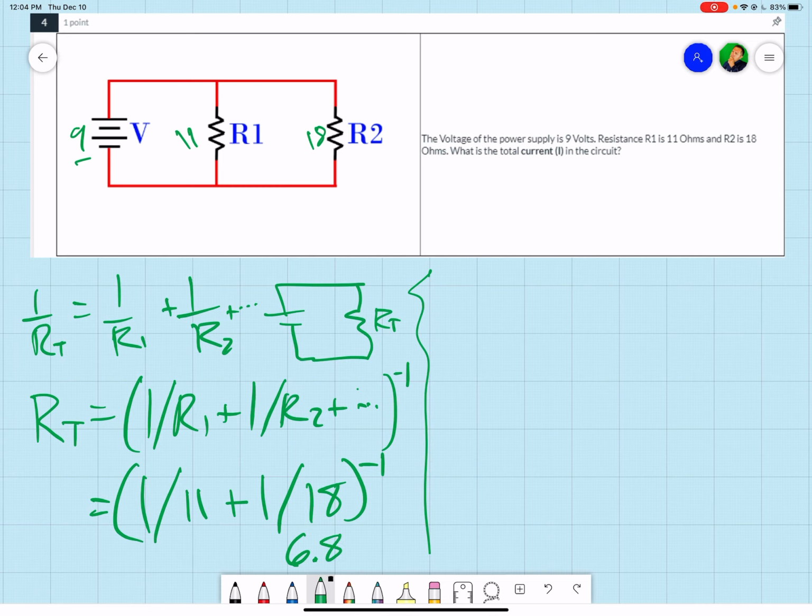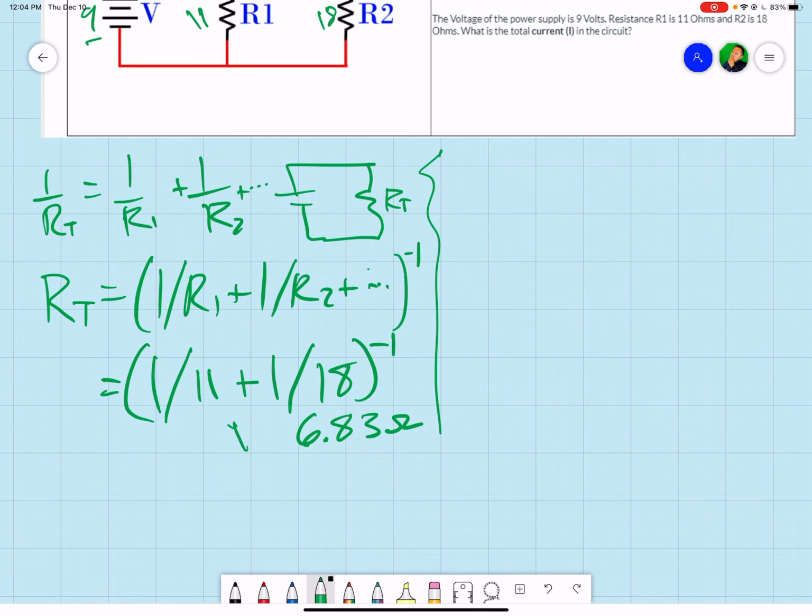6.83, basically ohms. Okay? So now that you know our total, I could just do my Ohm's law, V equals IR. This works for a resistor or for the whole circuit. So with Ohm's law, I want to look for current.